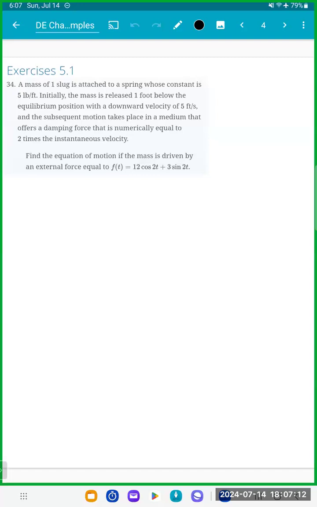Next problem, this comes from problem number 34. We have a mass of 1 slug attached to a spring whose constant is 5 pounds per foot. Initially, the mass is released 1 foot below the equilibrium position with a downward velocity of 5 feet per second.